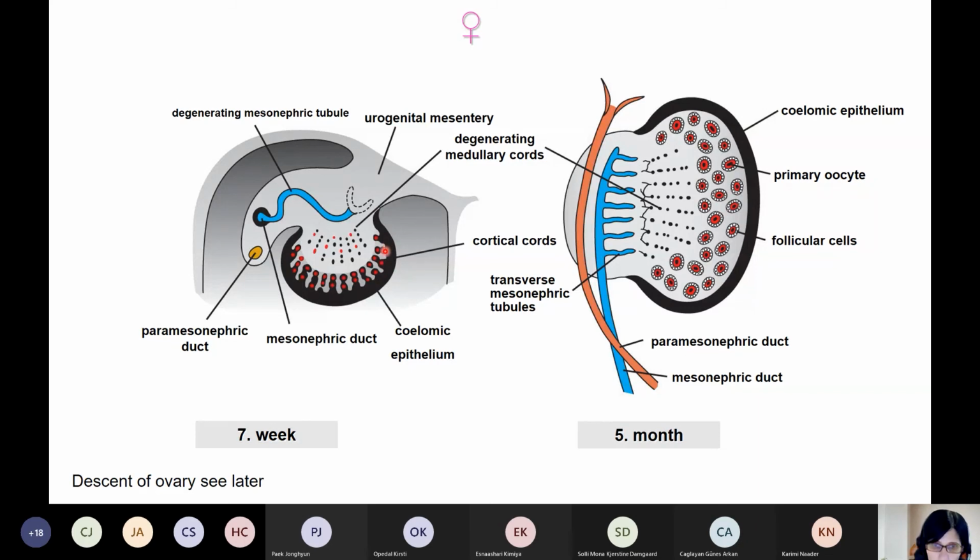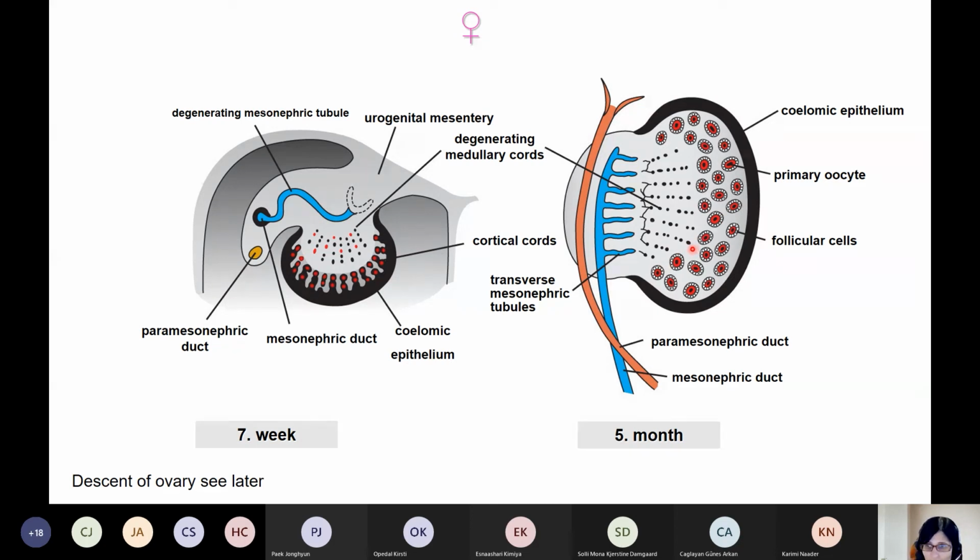These cortical cords, during the 3rd month, which we could not see in these pictures, will split into cell groups, and they will surround the developing germ cells.